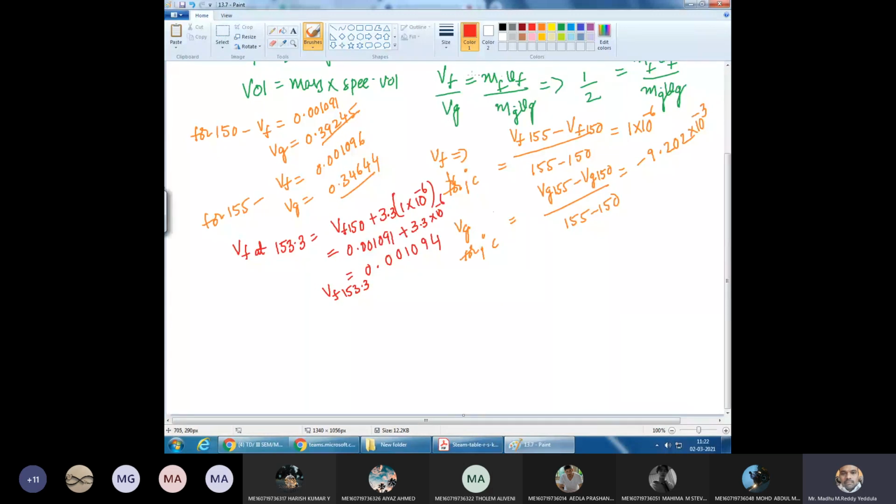Yes or no? Now calculate the VG value. VG at 153.3 is equal to VG at 150, which is known to us, plus 3.3 into, at 1 degree, it is minus 9.202 into 10 power minus 3. So VG at 150 is known, 0.39245, minus this value. How much will it be?